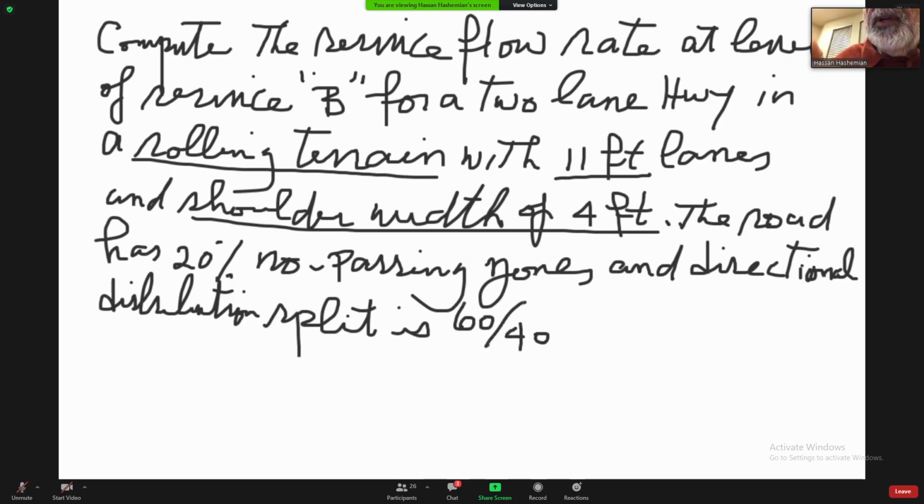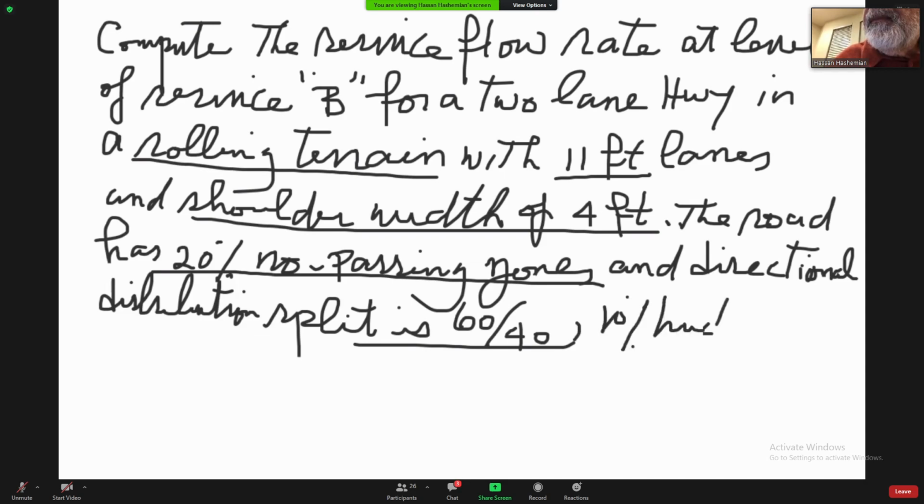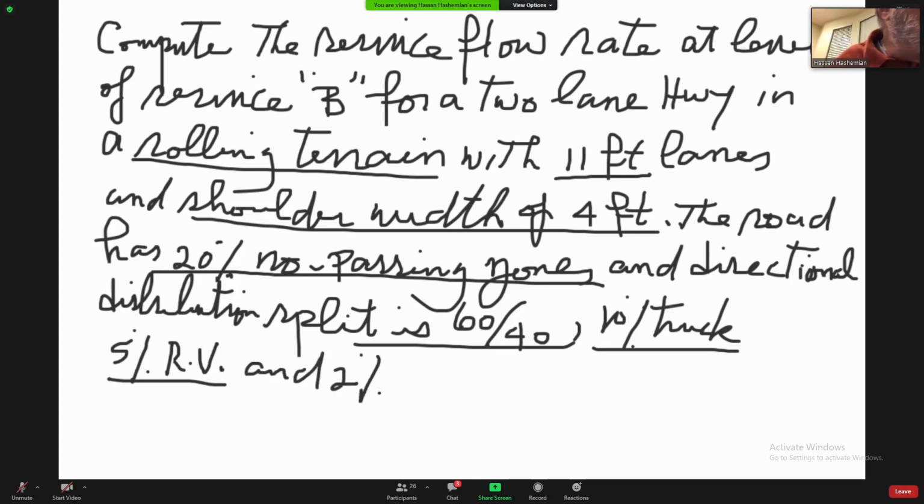So 20% no passing zone, 60-40 directional split. There are 10% trucks, 5% recreational vehicles, RV, and 2% buses.